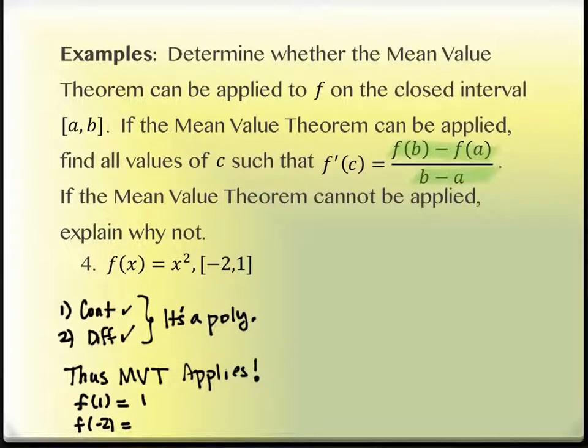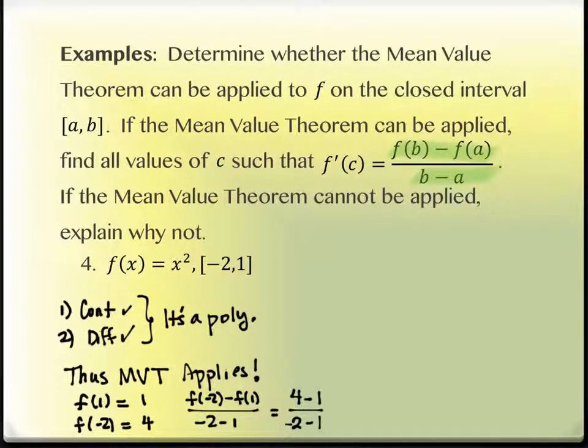And f of negative 2? 4. Fantastic. All right, so I'm going to find f(-2) minus f(1) over -2 minus 1. f(-2) was 4, f(1) was 1, over -2 minus 1. So 4 minus 1 would be 3, and -2 minus 1 would be -3, right?